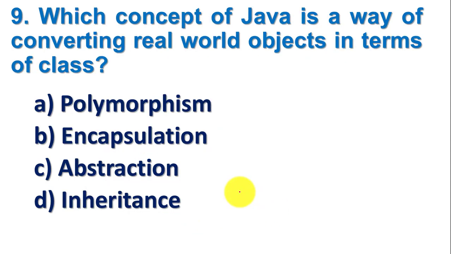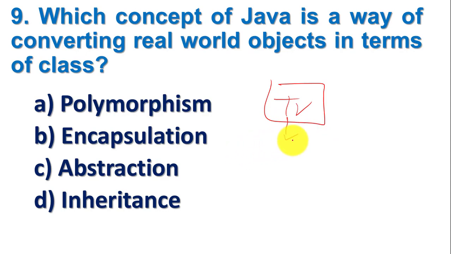9th. Which concept of Java is a way of converting real-world objects in terms of a class? A very good question actually. Let's take a real-world object and you want to convert it into a class. For example, a television. Now, in real life, television has lot many properties.